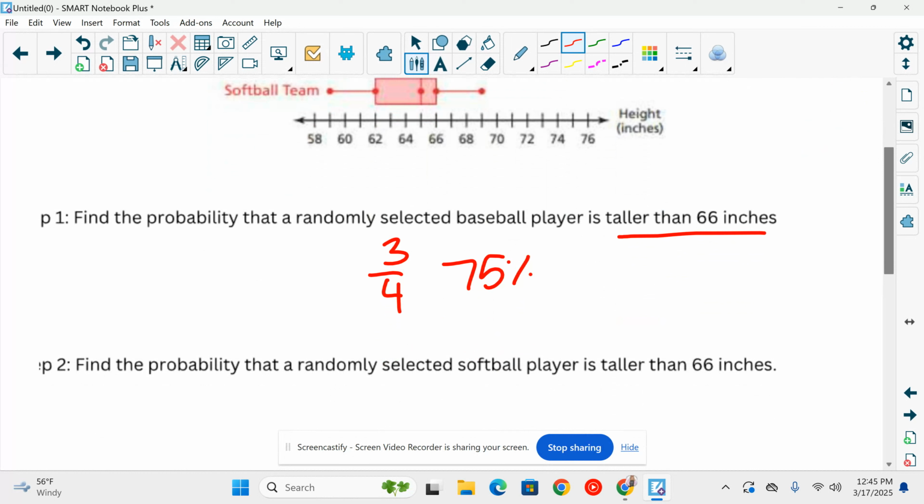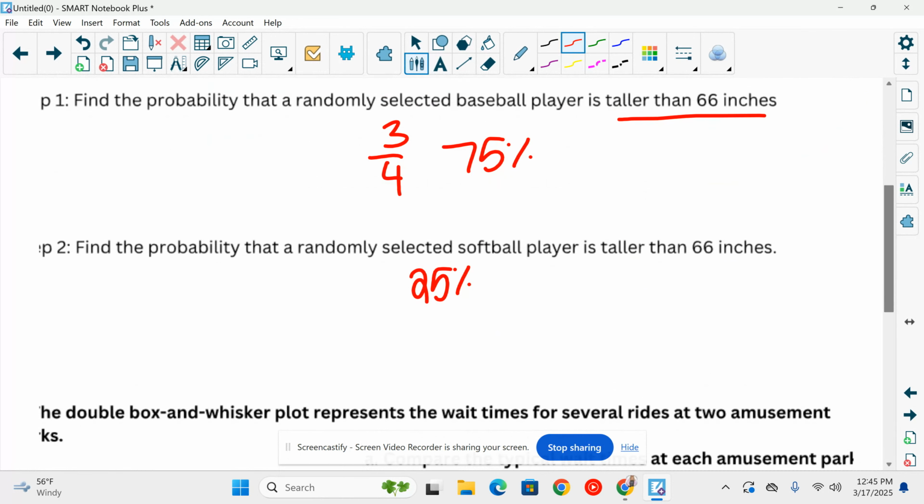What's the likelihood of that happening? And then we want to find the probability for the softball player. 25%. There's only one section taller than 66. So 25%.